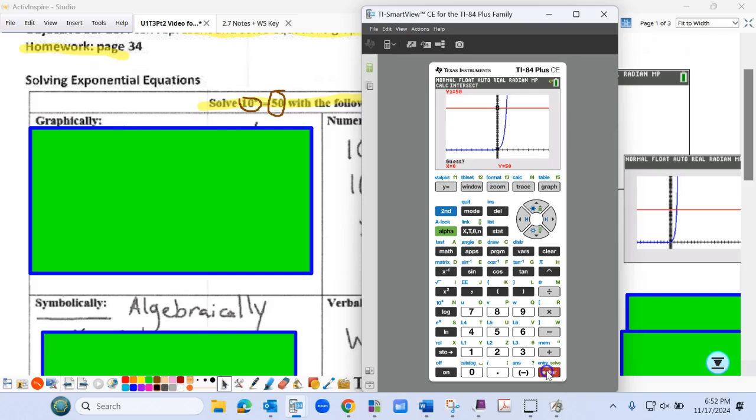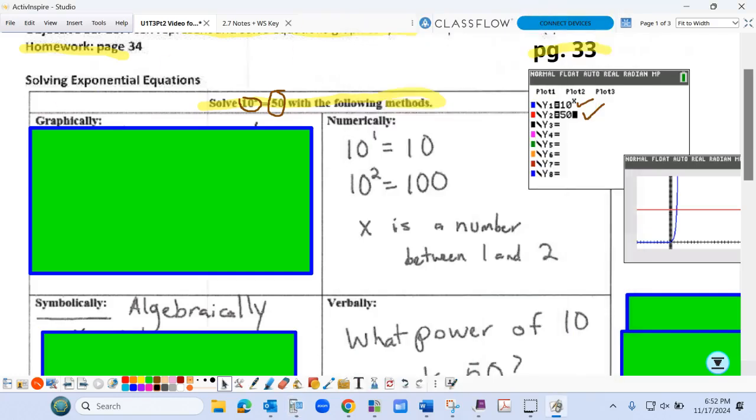Under the word intersection, I can see that if 10 is raised to the 1.69897 power, that will equal a y value of 50. So that's one way we can solve this problem.